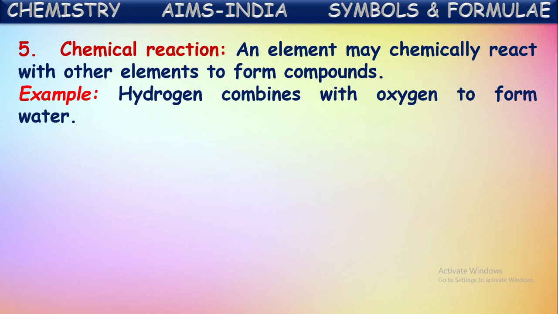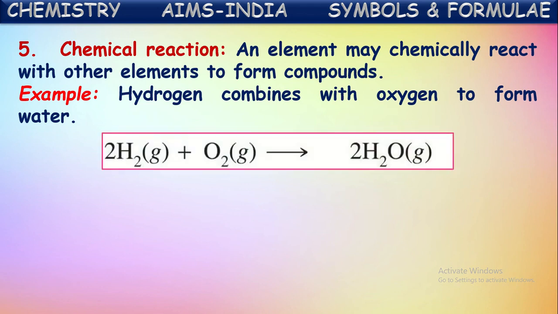Here hydrogen is an element and oxygen is another element. If these two combine, they form a new substance called a compound, that is water. That can be represented as an equation: hydrogen combines with oxygen to form water. This is called a chemical reaction.